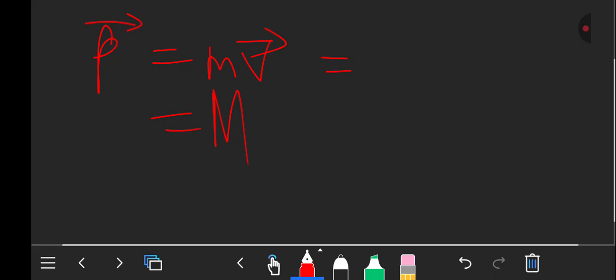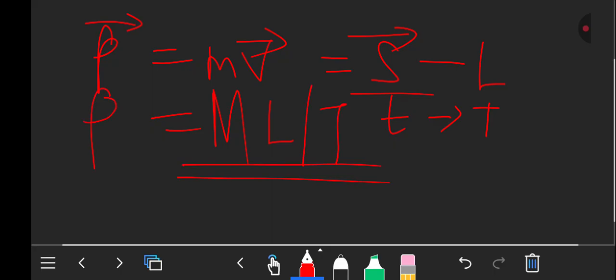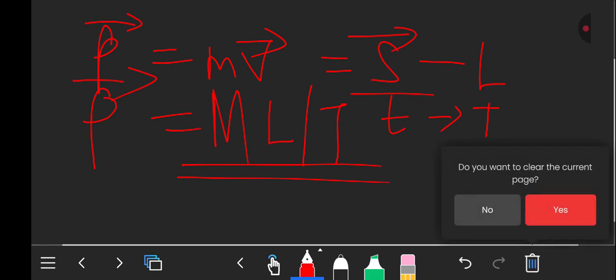That is what is known as velocity. Displacement has dimension length, L, and time has dimension capital letter T. So the dimensions of velocity are L divided by T, and so the dimensions for linear momentum are M L divided by T.